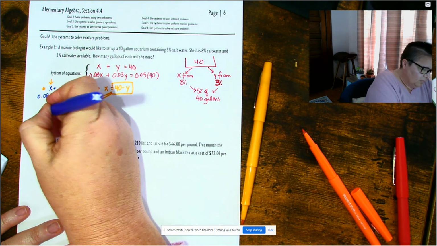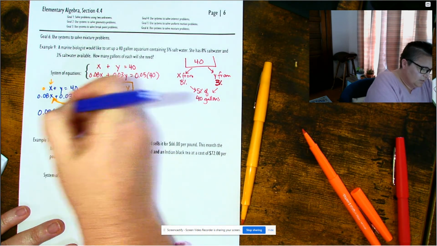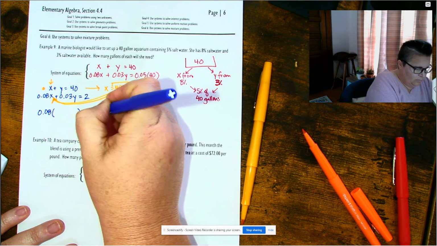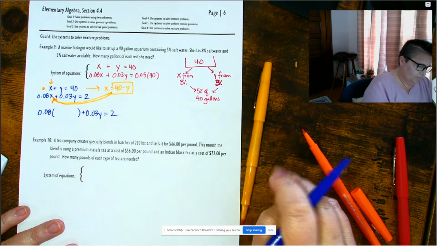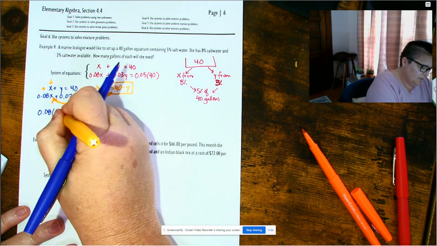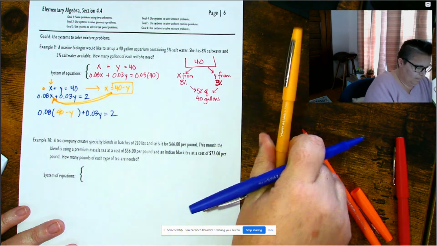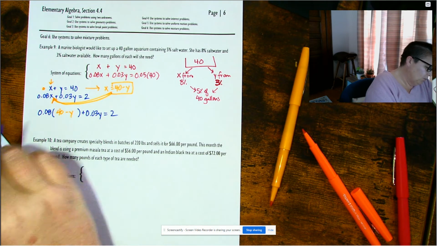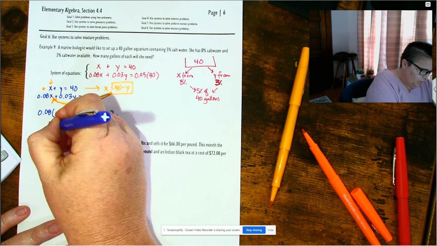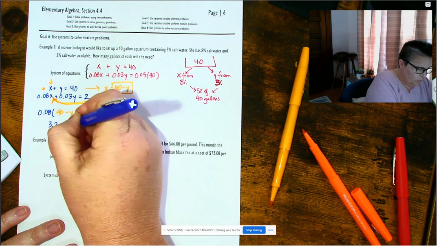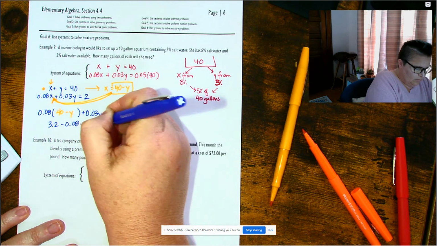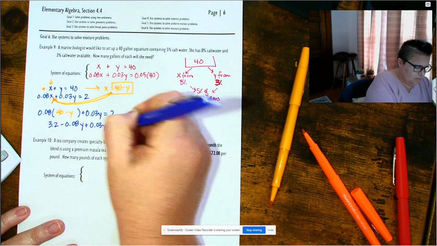This will give me 0.08 times whatever's in that yellow box plus 0.03y equal to 2. So this is going to be 40 minus y. All right, 0.08 times 40 is going to be 3.2 minus 0.08y plus 0.03y is equal to 2.